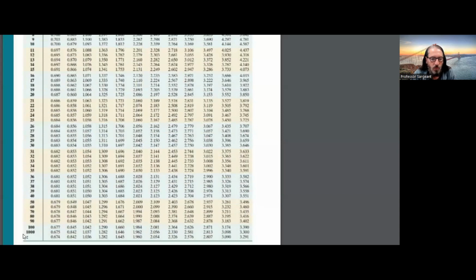So either we could go with a more conservative approach using the 1,000 degrees of freedom, or even the z-score. Notice how some of these are really close. Some of them are exactly the same. Others are, up through here, if not the same, 1 or 2 1,000ths apart. And then they get a little further apart the further we go, maybe as much as 9 thousandths apart.